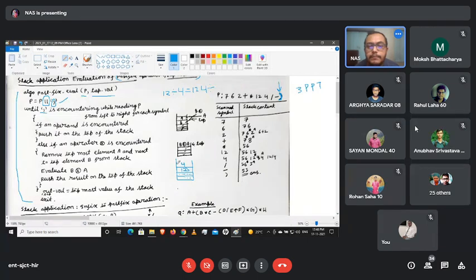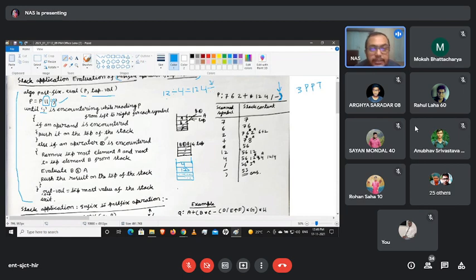So this got inserted here, and after that it encounters an operator.